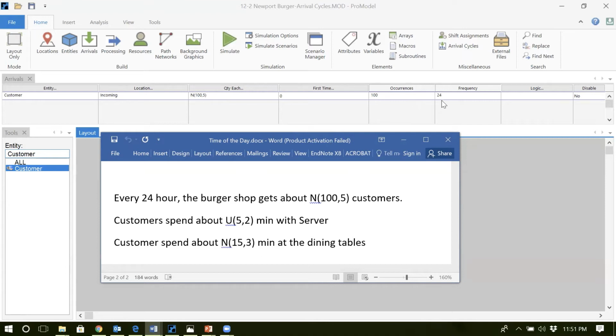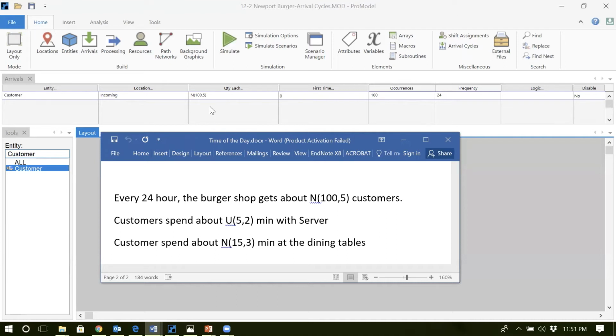The inter-arrival is 24 hours. So in each 24 hours, a group of customers come in, and I want to continue this till I get 100 groups of customers. Given that these groups come to the system every 24 hours, that's equivalent to running the simulation for 100 days.